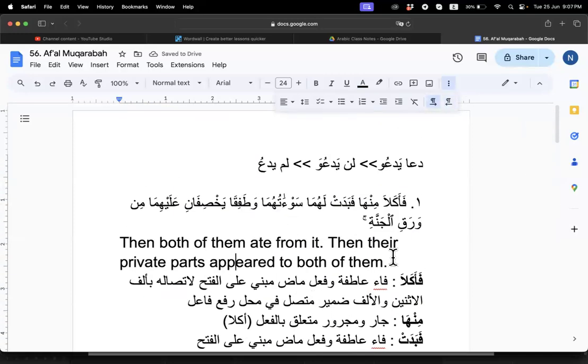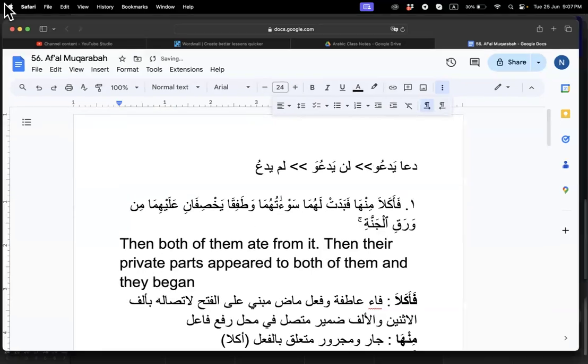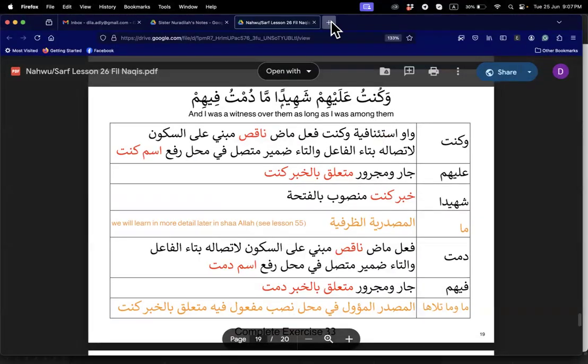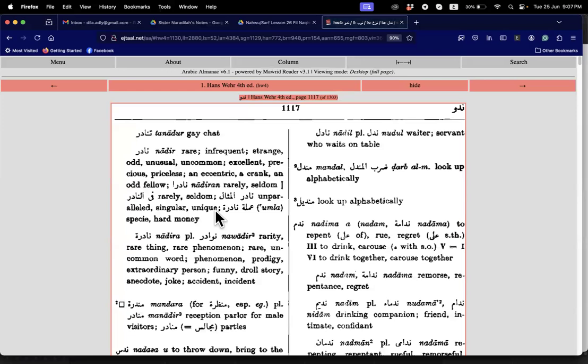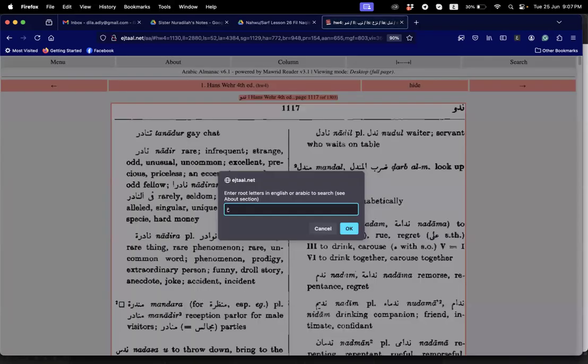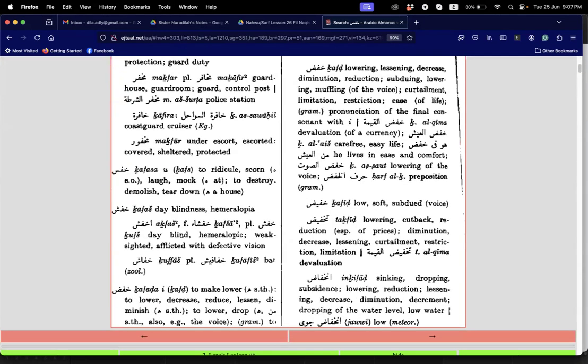Tawfiqa, what does it mean here? They began to stick. Yakhsifani, what are the root letters? Kha, sad, fa. Oops, sorry, I think it's to cover, that's what I always see. Covering. But double check.